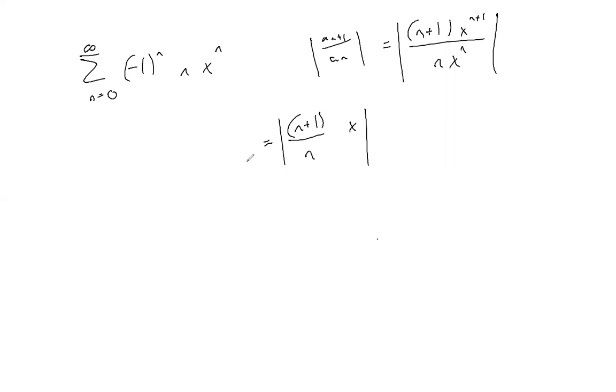Okay, so I want this limit to be less than 1, right? And I know the limit of n plus 1 over n, that limit is 1. So what do I need? I need the absolute value of x to be less than 1.